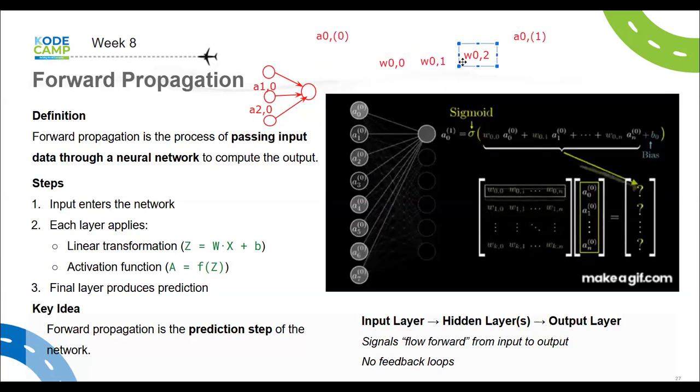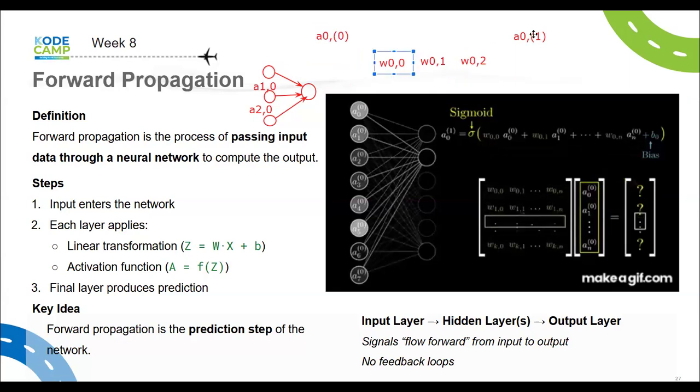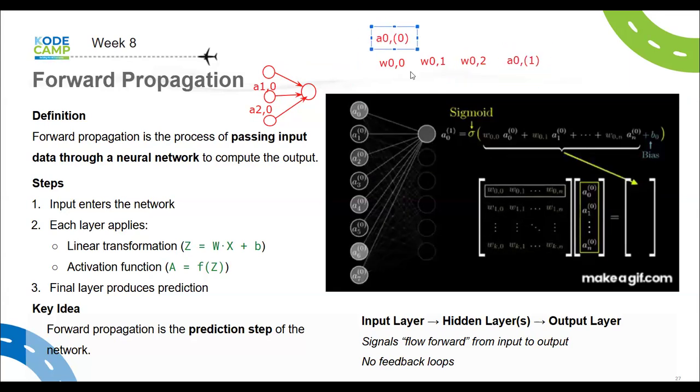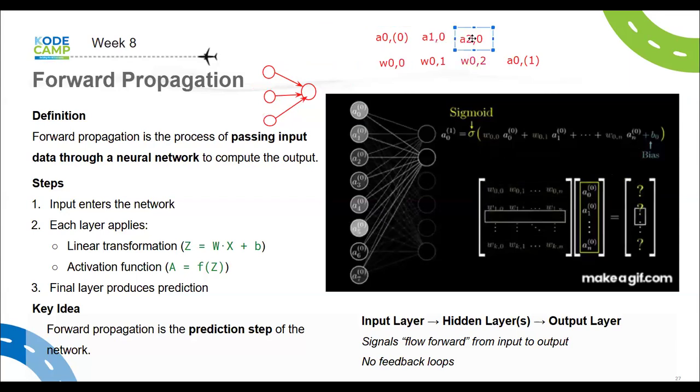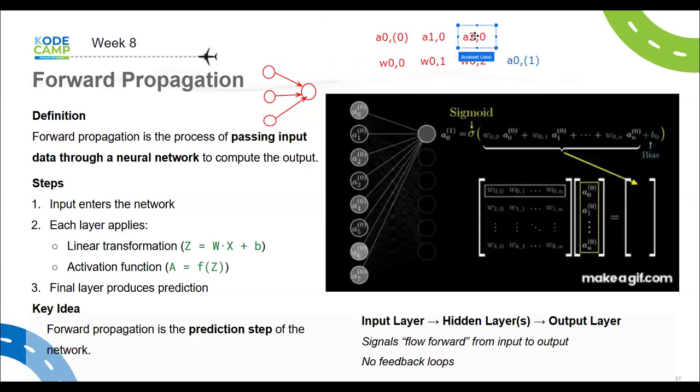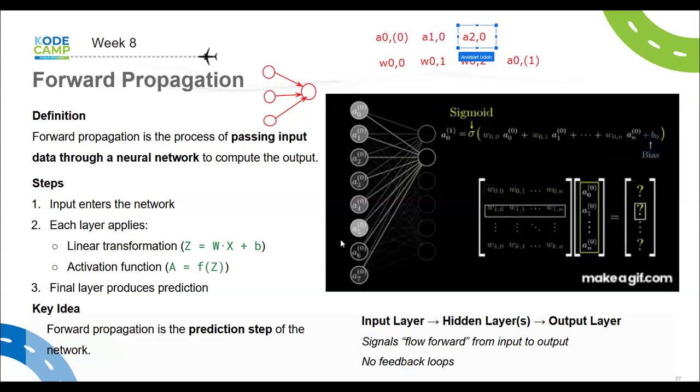Each input is a feature. So we are using these three weights to map these three inputs to this single output, and these three inputs are three features. That is how the mapping is. So you see how it moved.